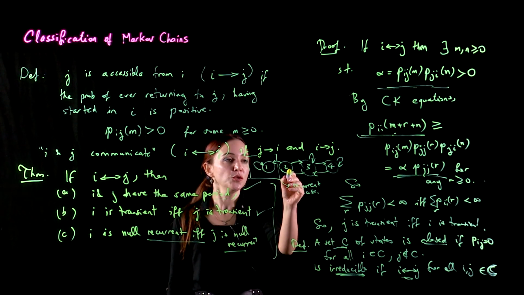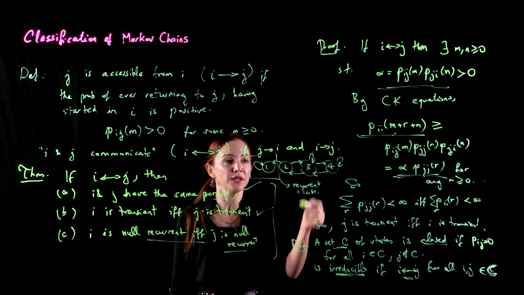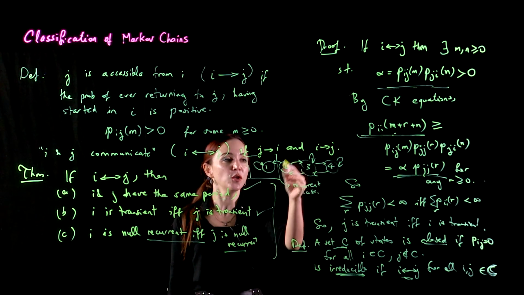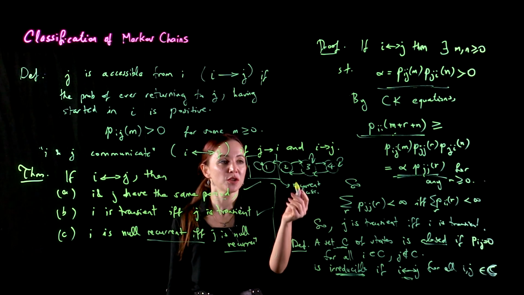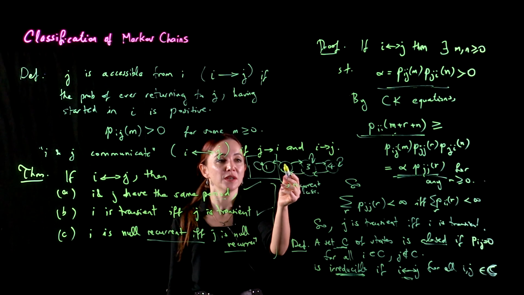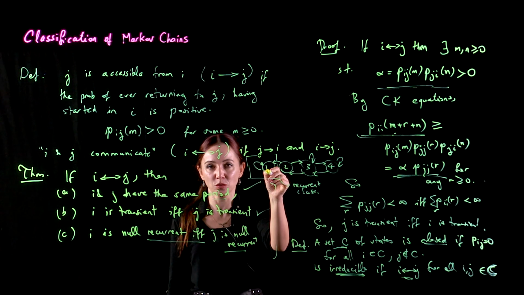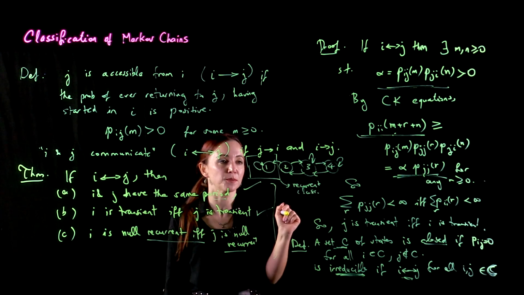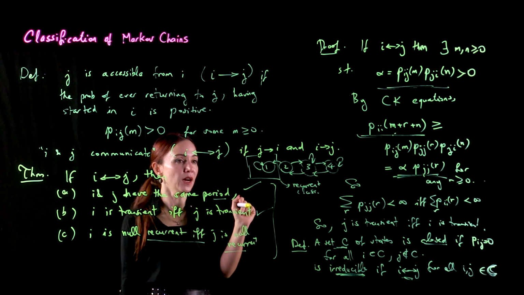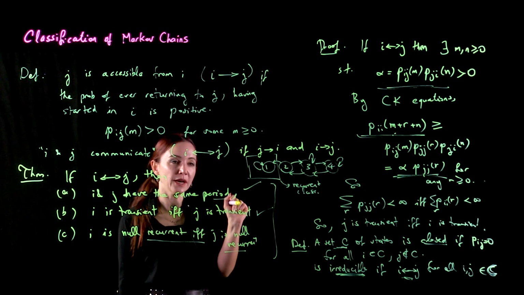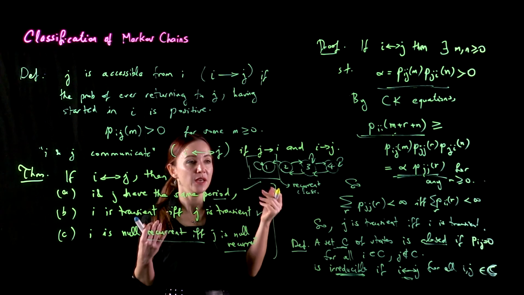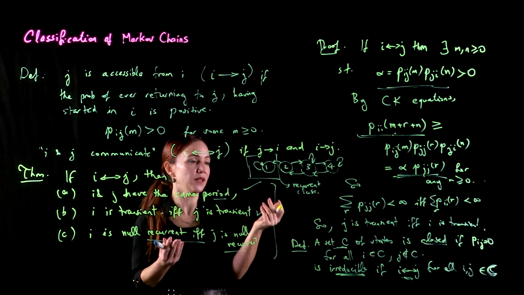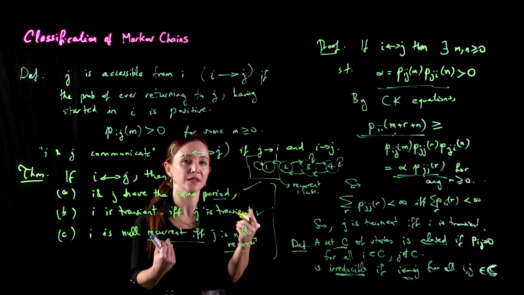Now, 2, 3, and 4 all communicate, but they are all transient, because once we get to 2, there's a probability that we'll get to 1, and once we get to 1, we will not return to these states. We call an irreducible class aperiodic if all the states in the class have this property.